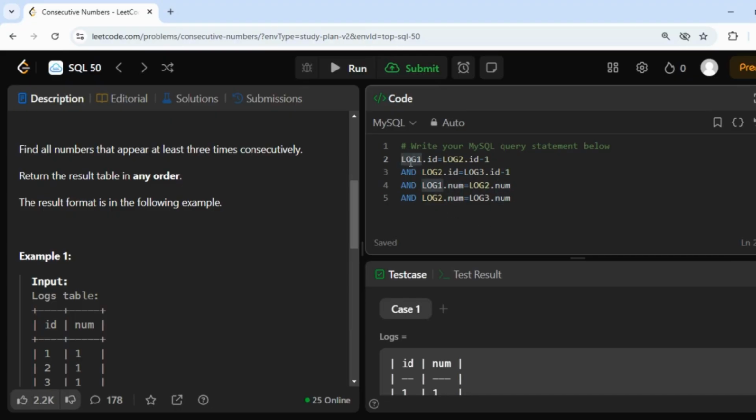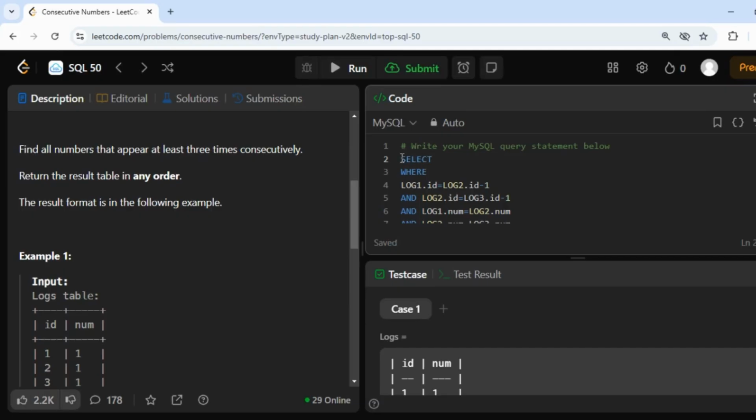Now this whole thing will be under WHERE. Now let me provide all the SELECT and FROM clauses.